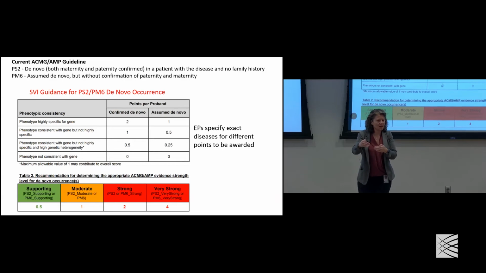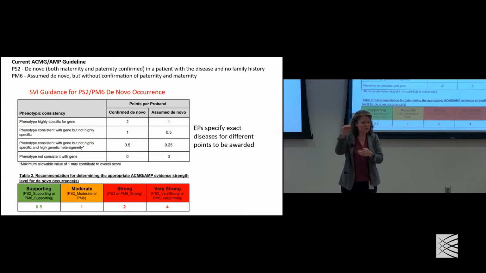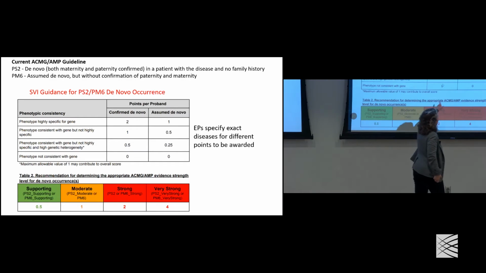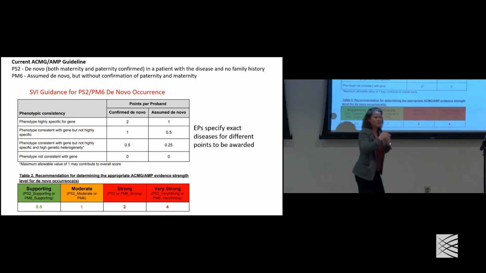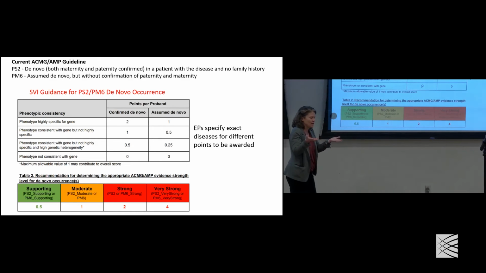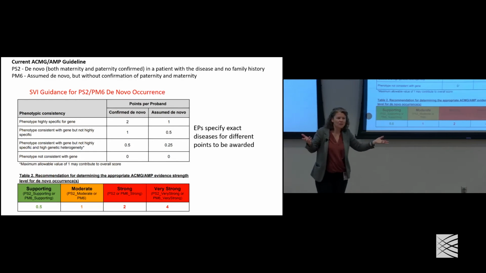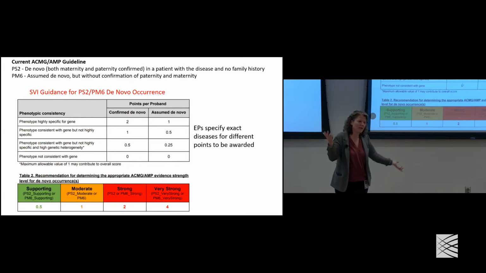And did you check and confirm that the parents that didn't have the variant were actually biologically related to the proband? So there are different things if you did confirm that, or you assumed that, but didn't have parental STRs or exome trio data, for instance. So that correlates with how all these points are assigned and how specific the phenotype is, for example, is this a patient with autism and you found a de novo variant in TTN?